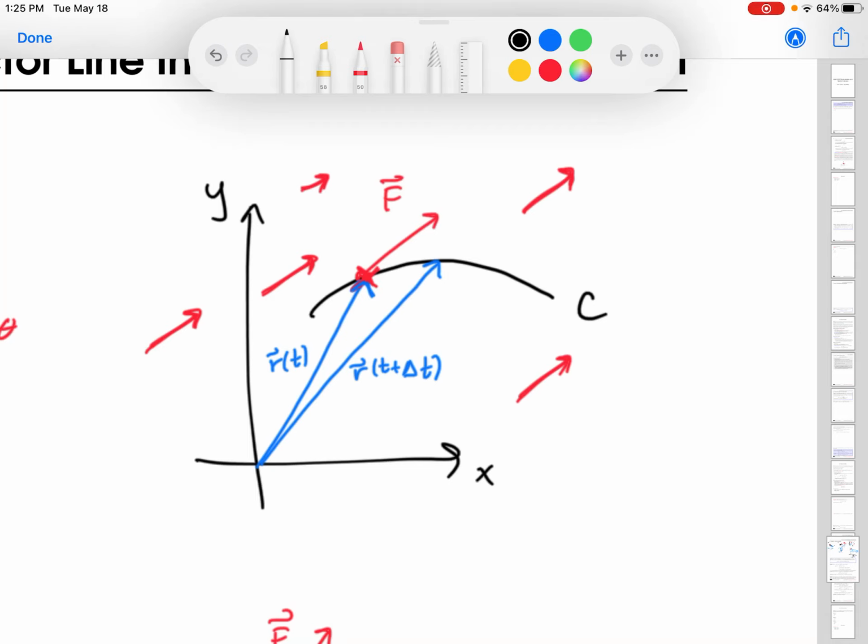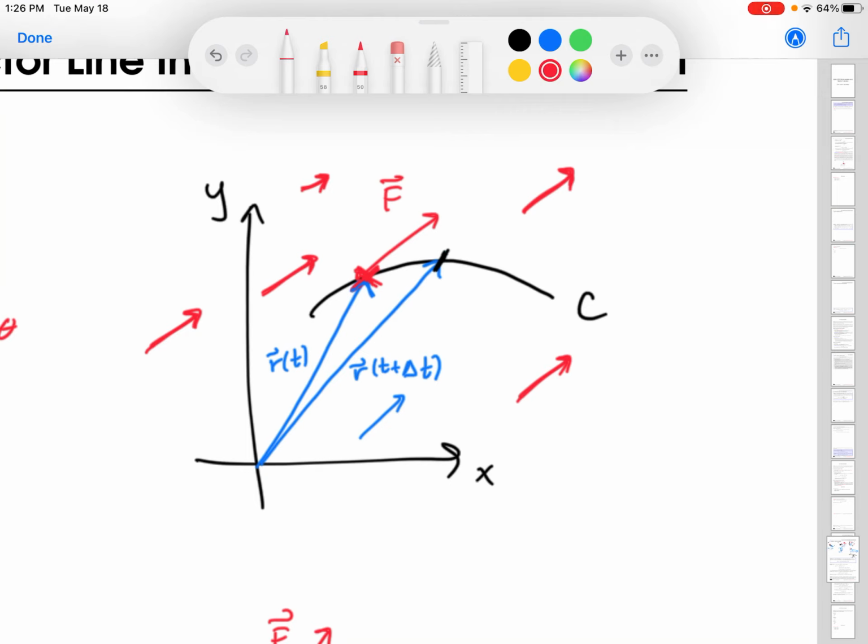To set that up, we're going to do something very similar to what we were just doing, except now we're adding some multivariable calculus concepts in here. I'm going to start at this particular point along the curve, and I'm going to assume that I parametrize the curve using r of t, so that point corresponds to r of t for some time. Then a little bit later, at t plus delta t, let's say that the velocity field has moved the small bead over here.